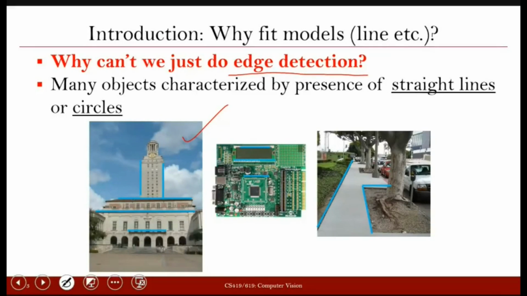So given the two images, one from the forest and one from the building, if you just do the edge detection and try to find out the existence of lines there, you will find that the lines will only exist in the case of buildings. They will not exist in the case of the forest image.